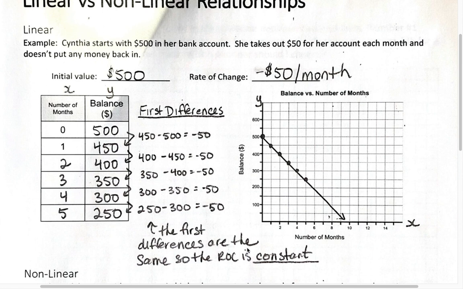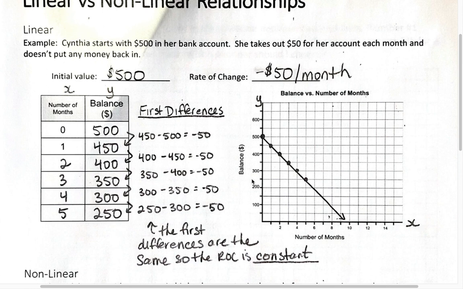That is an indication that it's a linear relationship, because if I take this data and plot it onto a graph, you'll notice, just to keep things straight, my X, or my independent variable, always goes on the horizontal axis. So the first column of the table of values, your independent variable, is always labeled on the bottom, or the horizontal axis, of your graph.